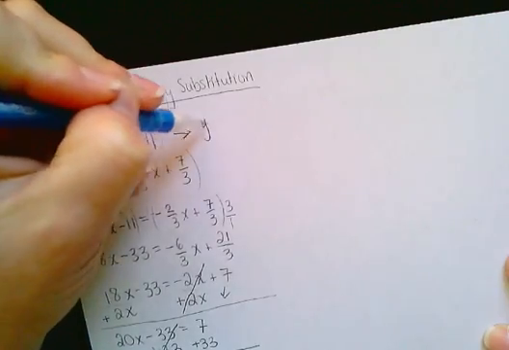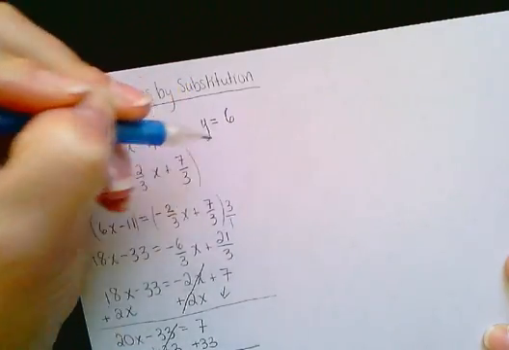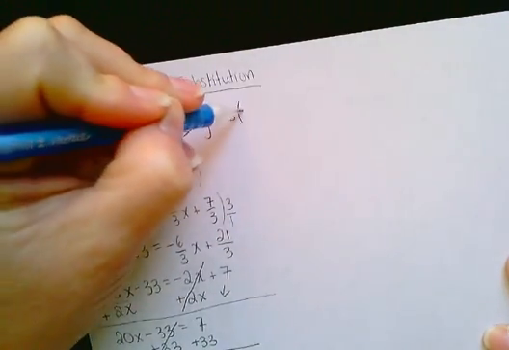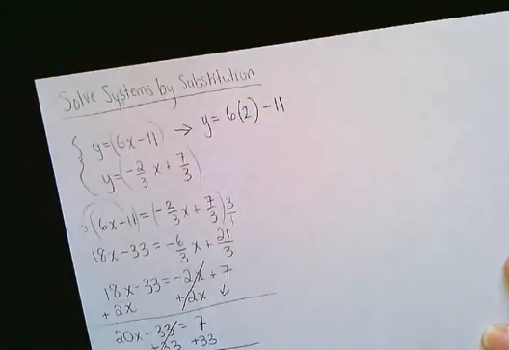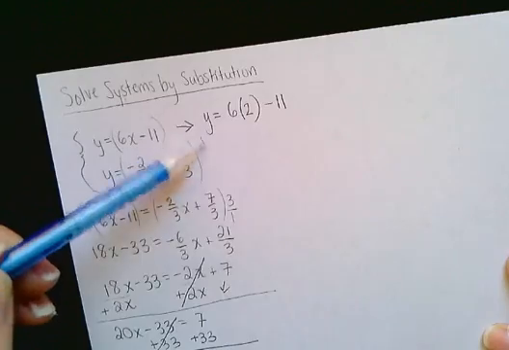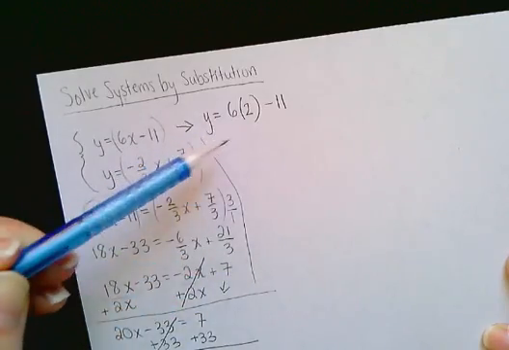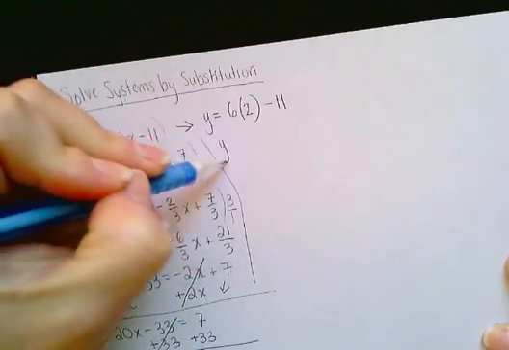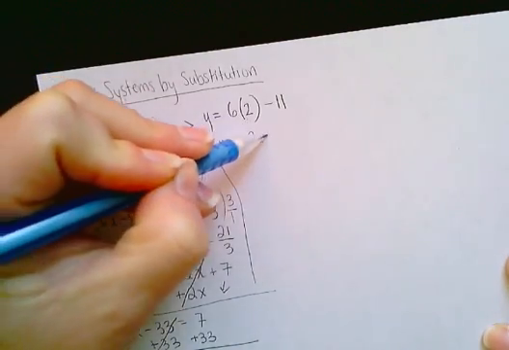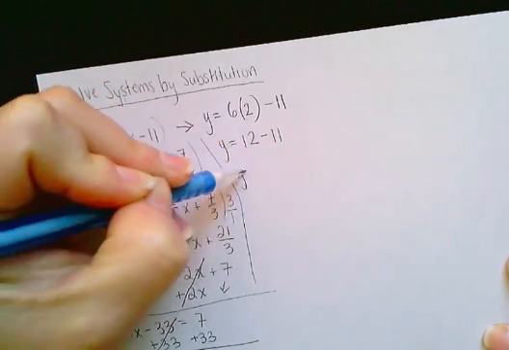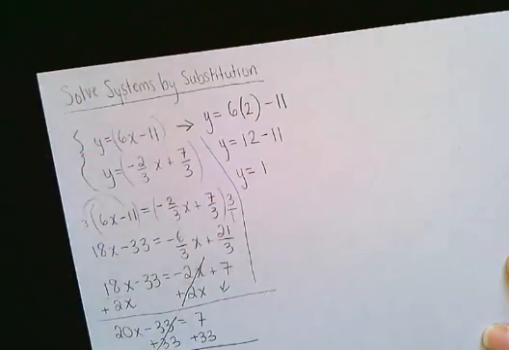So y equals 6x. Instead of x, I'm just going to put 6 times 2 minus 11. And now I just find the value of y by simplifying this. So y equals 6 times 2 is 12, and 12 minus 11 is 1.